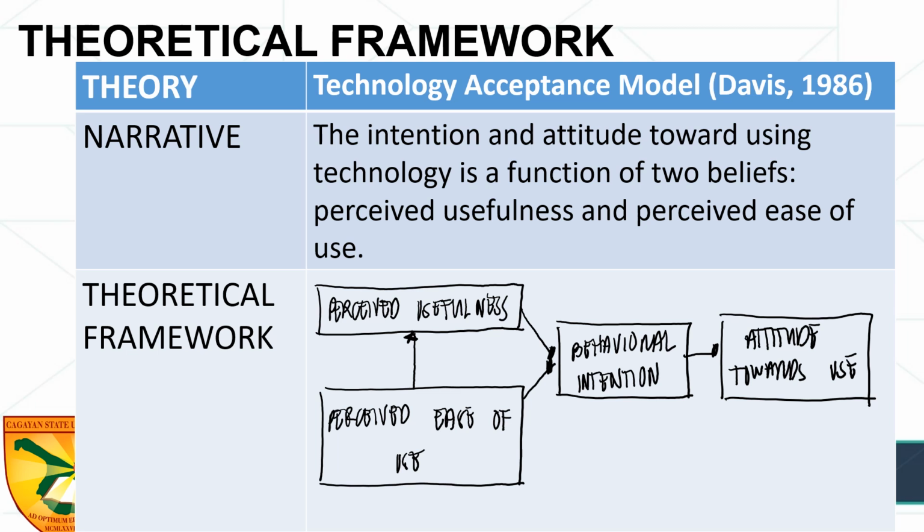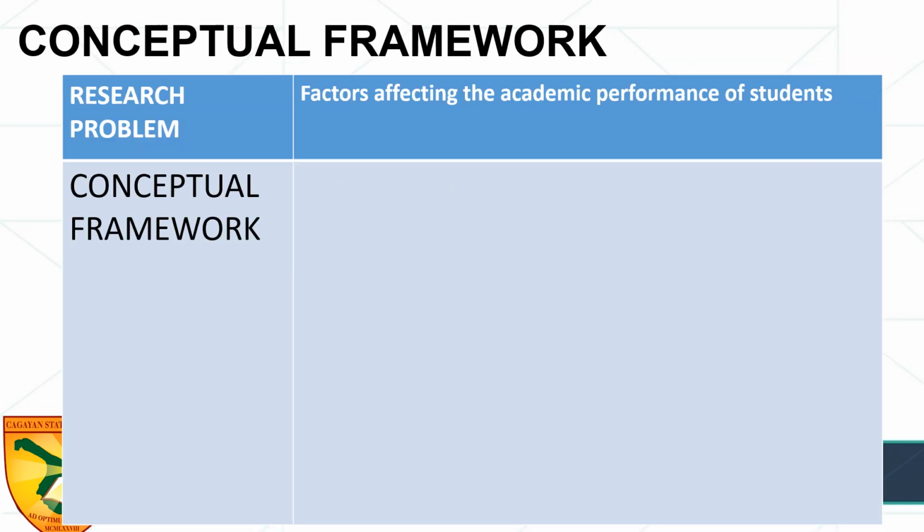Again, this theory states that the intention and the attitude toward using technology is a function of two beliefs: your perceived usefulness and your perceived ease of use.